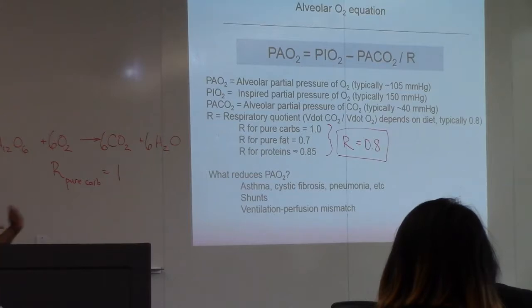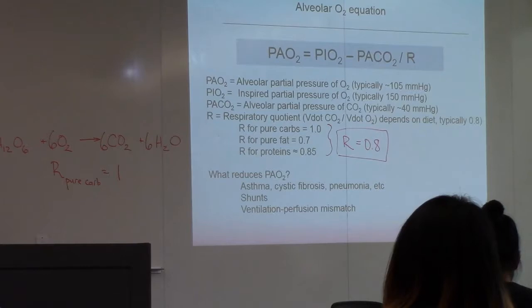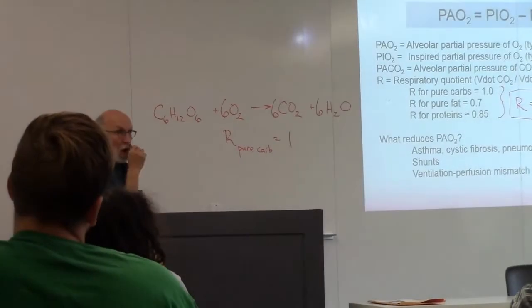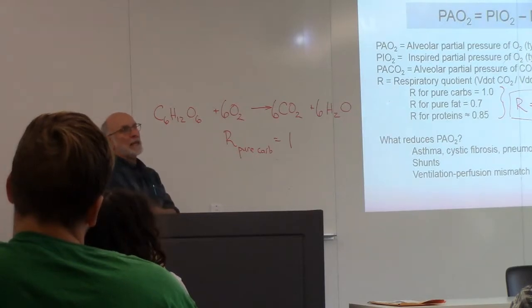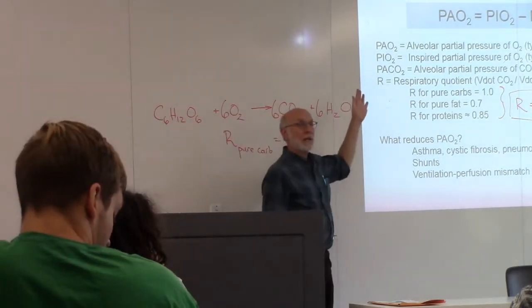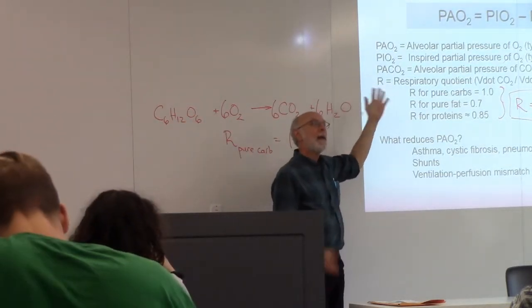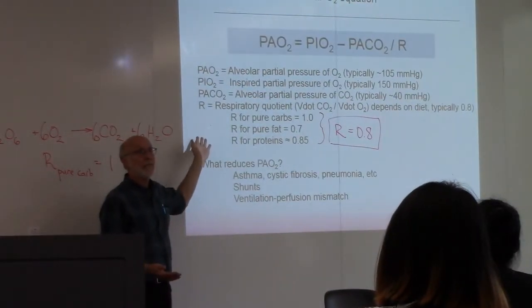A mixed diet can vary, but it doesn't vary by much. And so the respiratory quotient used is 0.8. And you will use 0.8 in lab today. So I wanted to introduce the equation, and now I'm going to just move ahead because you'll use it in lab today.